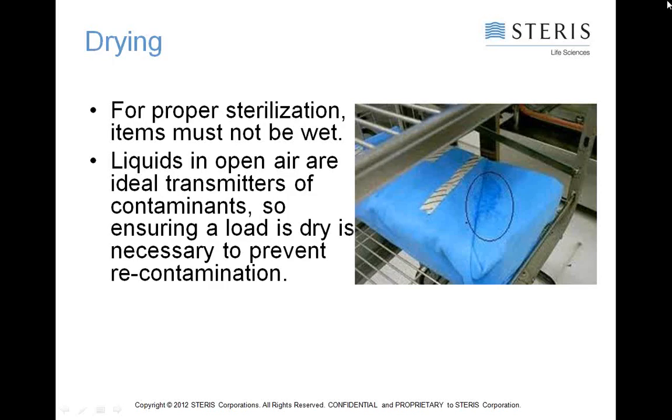The pre-vacuum cycle then is used for porous goods, double-wrapped goods, tubing with a small lumen that simply forcing steam into the chamber is not necessarily going to penetrate through to the middle of the tube. We're going to want to remove the air from that tube. Glassware that cannot, for whatever reason, be laid on its side or turned upside down, that has to be standing up.